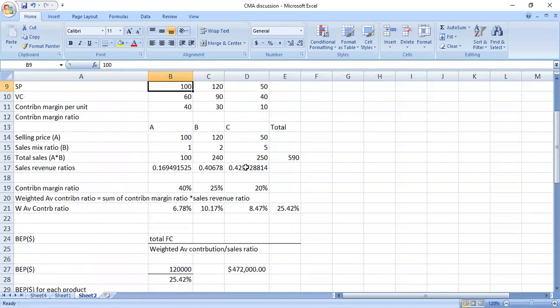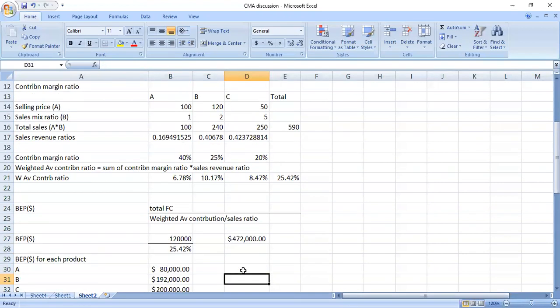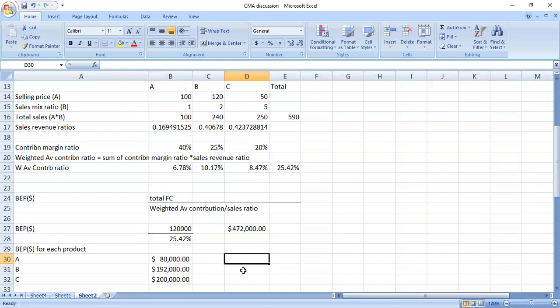To summarize what you've just said, remember to obtain the sales revenue ratio. Alternatively, you get the revenue that you have for all, and you multiply it by the sales revenue ratio for each product. Okay, you have the same answer.